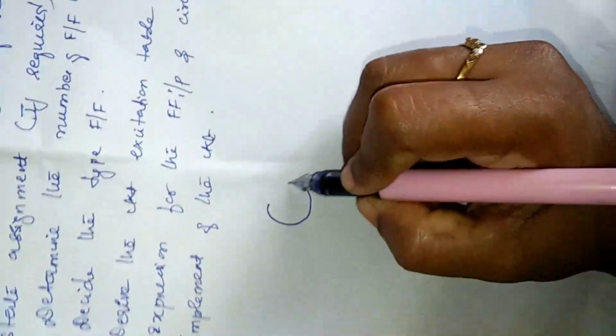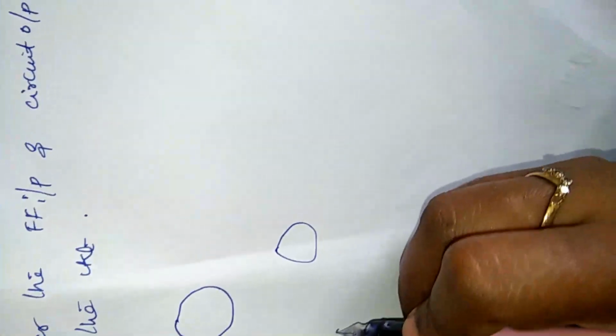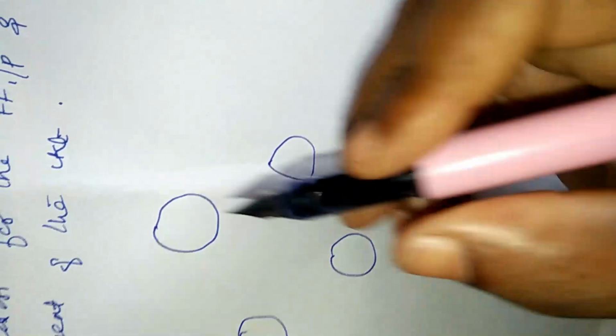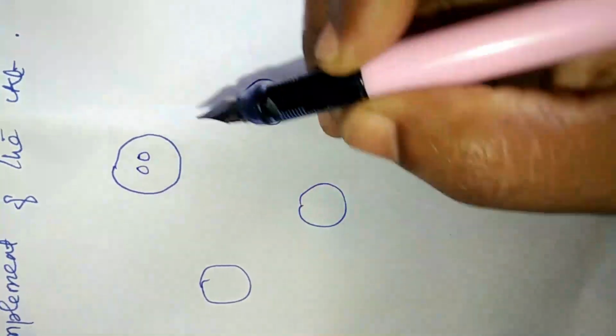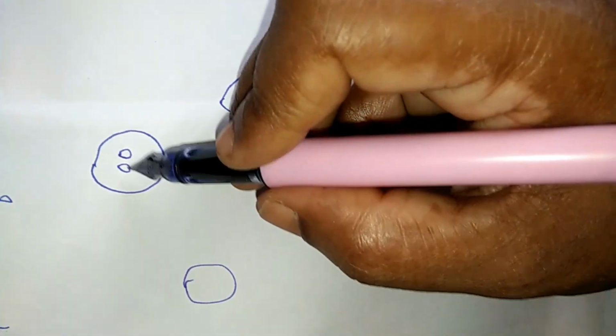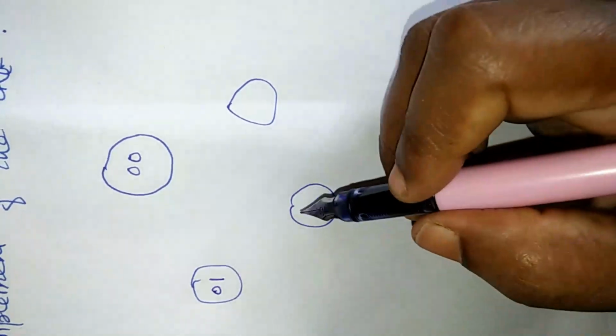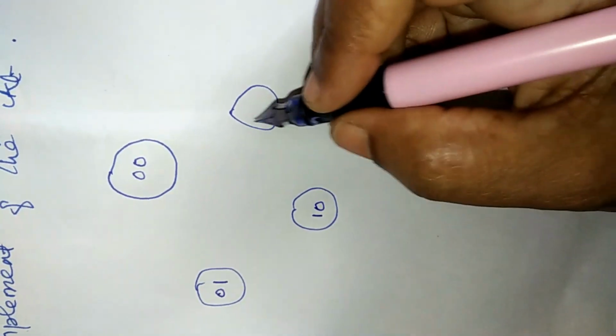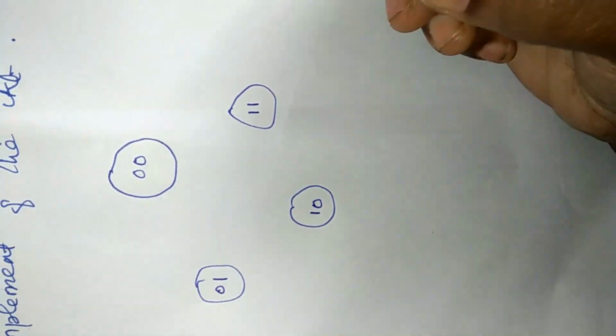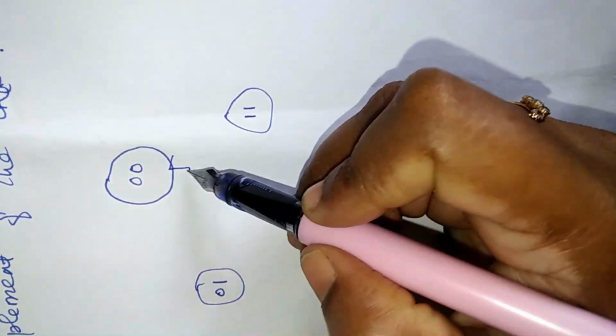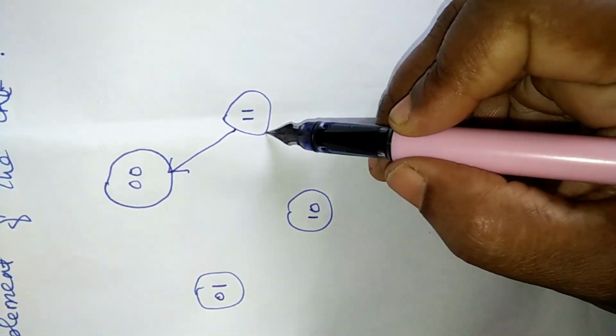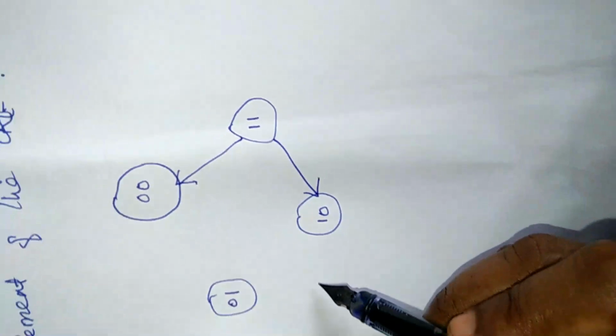The problem which gives the state diagram is something like this. There are 4 states which have been mentioned. Let me draw the diagram for you all first. The states are 00 as one state, 01 as the second state, the third state is 10, and the fourth state is 11. Let me complete the diagram so that problem analysis will be easier.